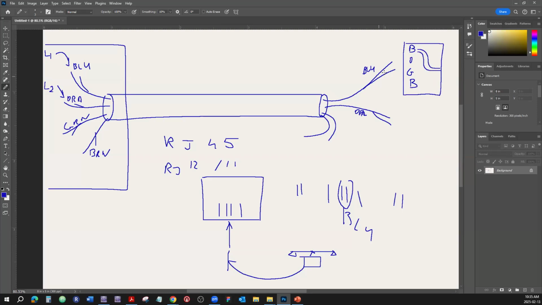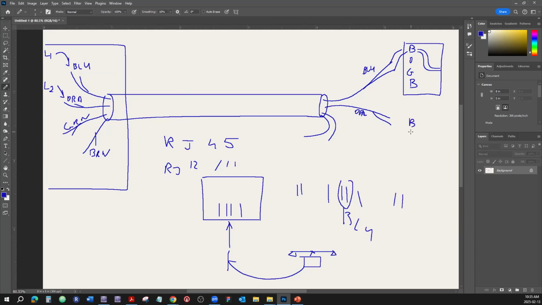Then we're going to have to connect that to the blue pair. So if we plug in the phone cord, we're going to find the signal on the two middle prongs. So line 1 is going through this line here, this pair goes through the wire and is connected to the two middle prongs, to the blue.